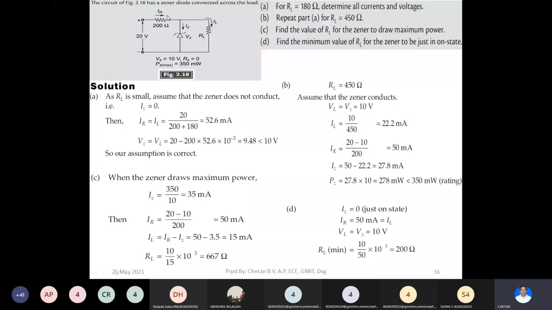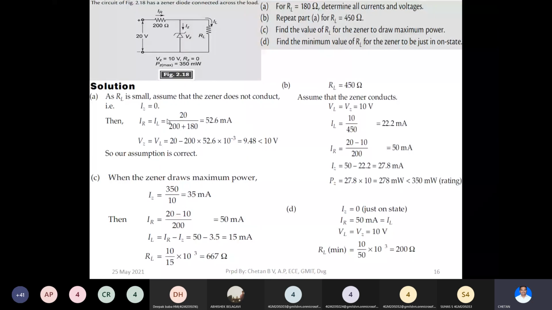How to find out IL, since both are equal? This is as good as a series connection of this resistance, which is 200 ohm, along with RL, right? RL value for the first case is 180. Therefore, you have to add 200 and 180. These two sum will come in the denominator, and in the numerator you will get this voltage 20. Here I have used Ohm's law. So what is Ohm's law?